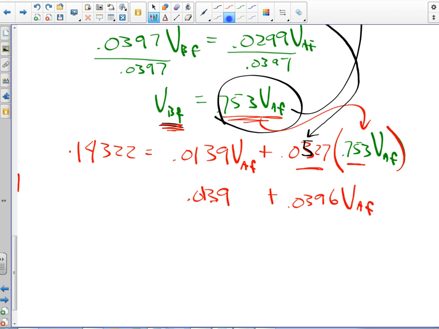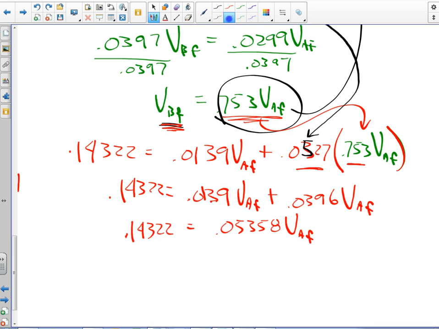I did the same thing before. Combine like terms. So that plus 0.0139 gives 0.05358 VA final.